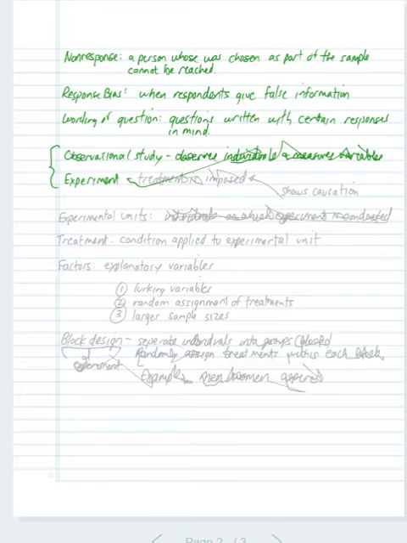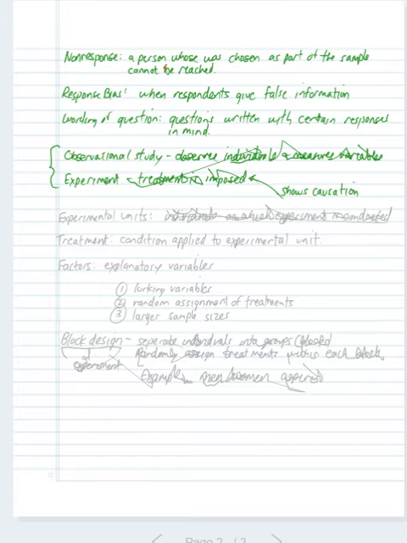Whereas in an experiment, we know that a treatment is imposed. Now, of course, the advantage of an experiment over an observational study is that we can show causation. Okay, that is the advantage of the experiment over the observational study.